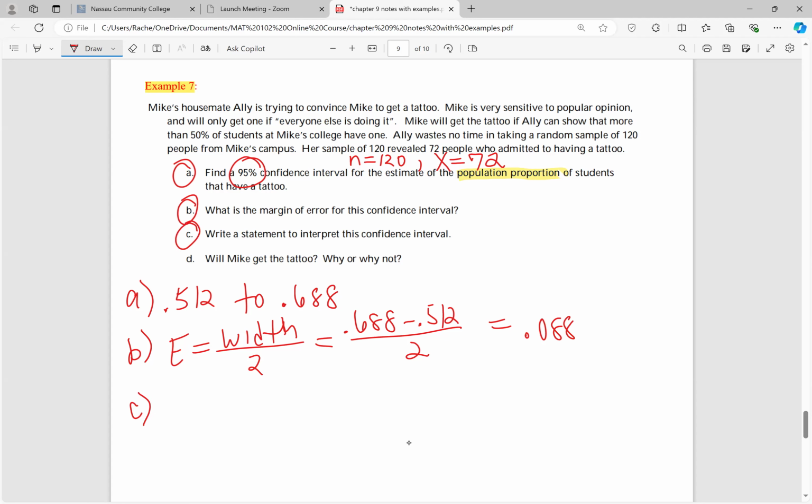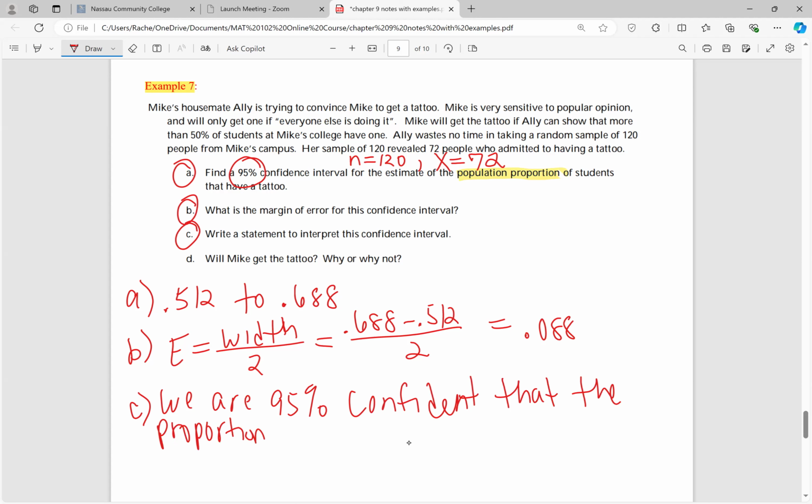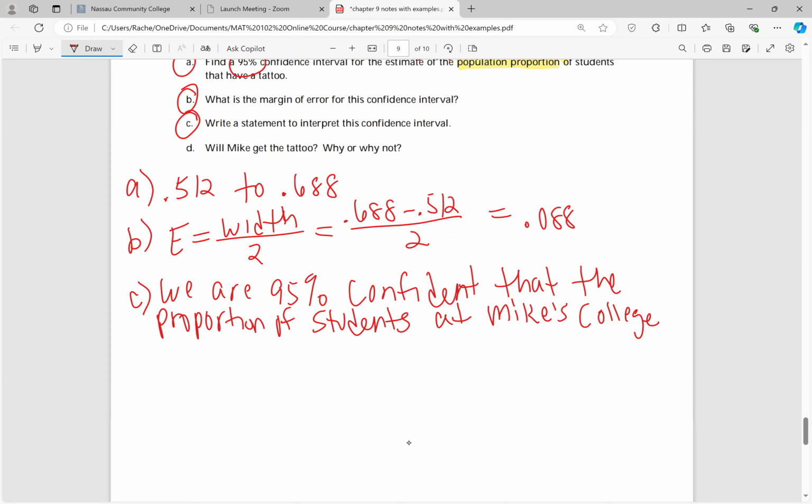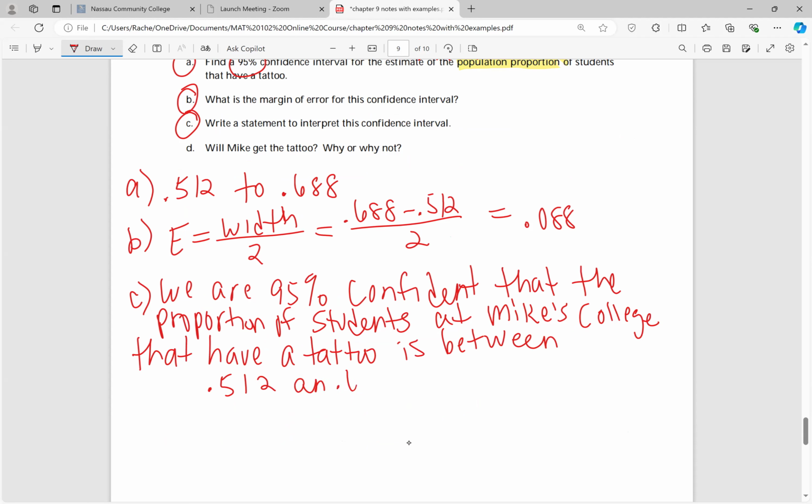So C says, write a statement to interpret this confidence interval. So we are 95% confident that the proportion of students at Mike's college that have a tattoo is between 0.512 and 0.688.